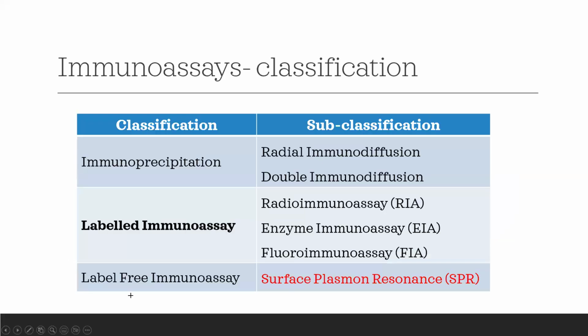The last one, unlike immunoprecipitation, is probably our future, called the label-free immunoassays. For label-free immunoassays, there are many very fancy advanced technologies, different kinds of fancy machines. The only one I want to mention very briefly today is called surface plasmon resonance.